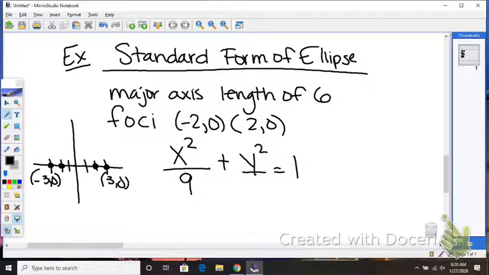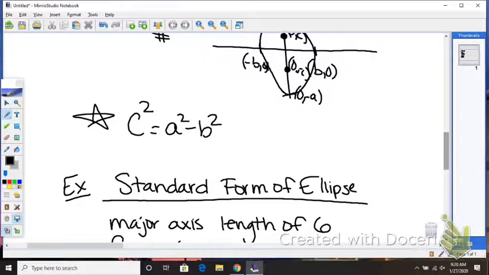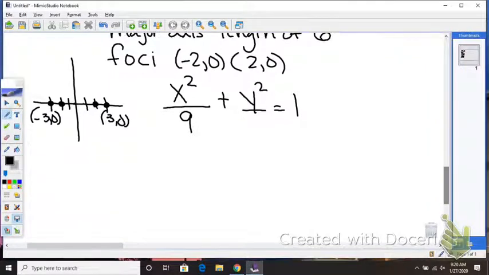To write my equation in standard form, I'm missing one value. What is it? b. I know the a, I know the c, I don't know the b. So what I'm going to do is use that equation that I just told you to put a big star next to, which is c squared equals a squared minus b squared, and I'm going to solve for b.